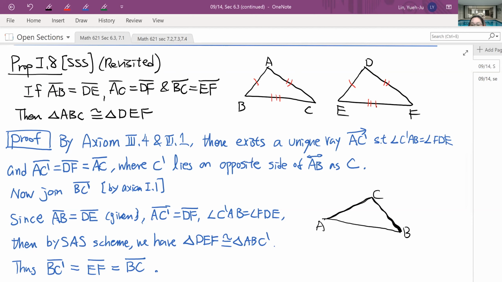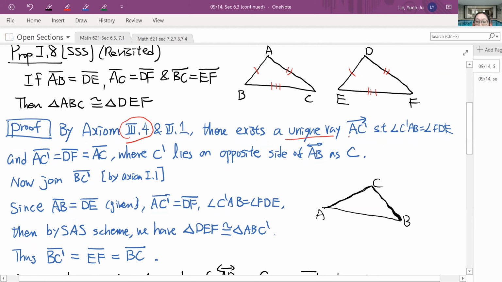Last time we mentioned that first, by 3.4, the one where we can reproduce the angle, you can find a unique ray AC prime. Essentially we draw an AC prime here, such that the angle C prime AB is the same as FDE.